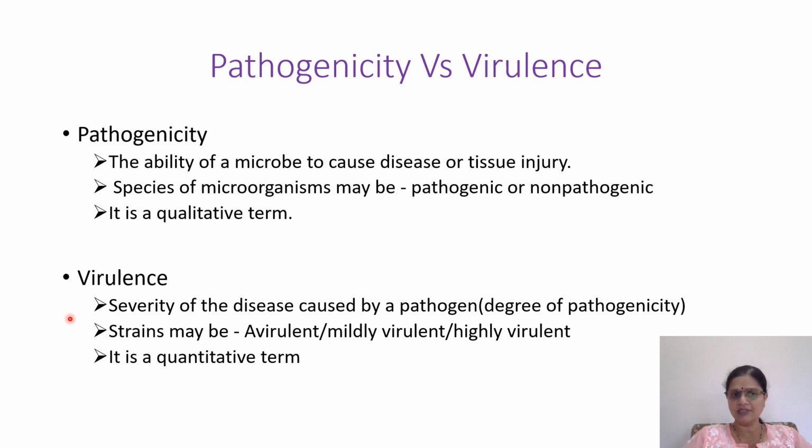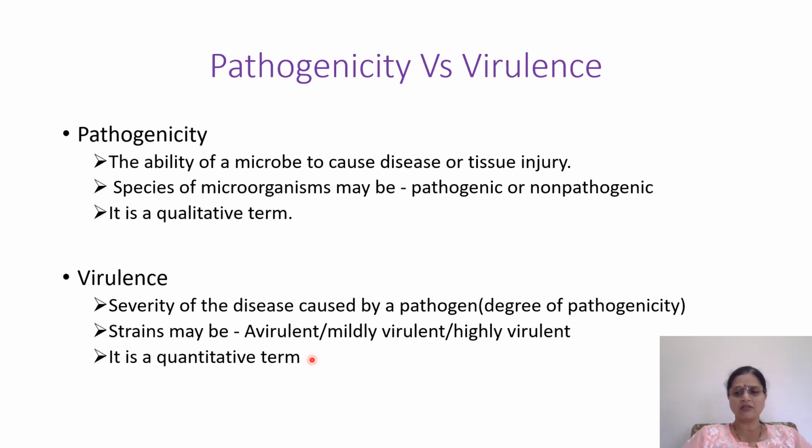Whereas what is virulence? Virulence is the severity of the disease caused by a pathogen. It talks specifically about the pathogen, and it talks specifically about the degree of pathogenicity. That means a pathogen can cause a very mild type of disease, or it can cause a disease which is very severe in nature. So it could be a mildly virulent pathogen or it could be a highly virulent pathogen. Sometimes among the pathogens itself there will be some strains which cannot cause the disease.